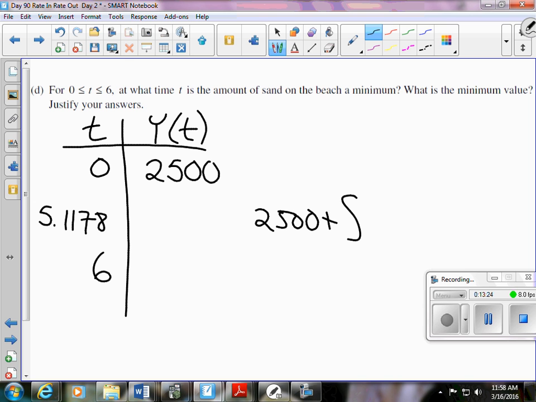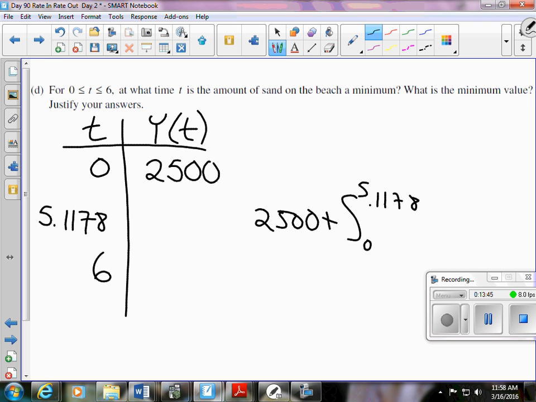Yeah. For this one, we'll go from 0 to this number here, 5.1178. And what do we integrate to get the change?